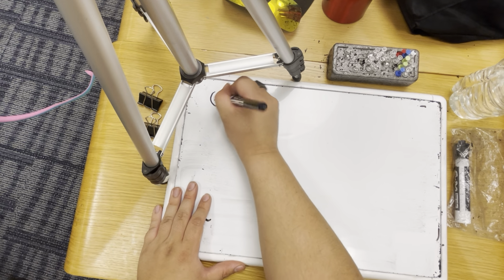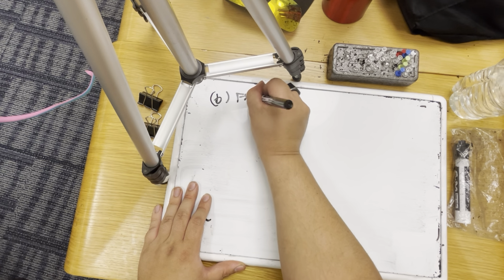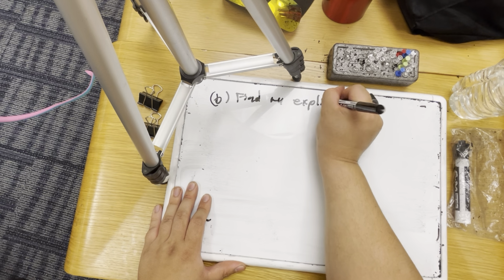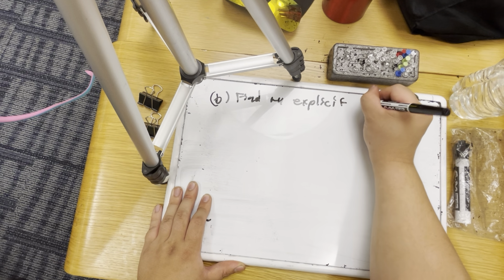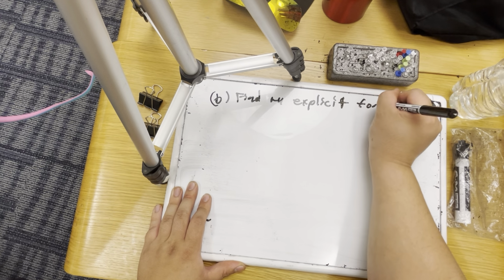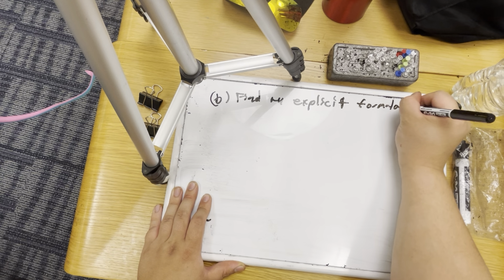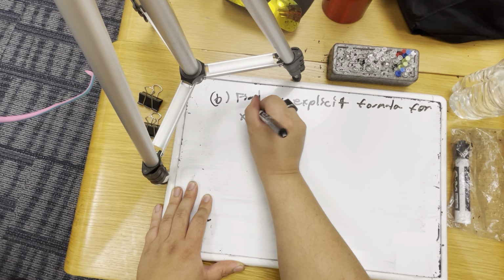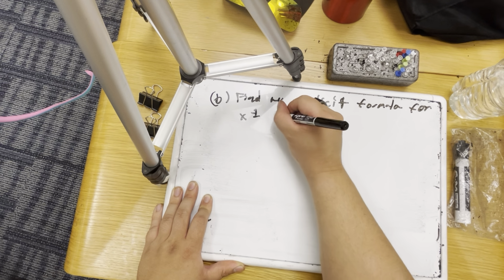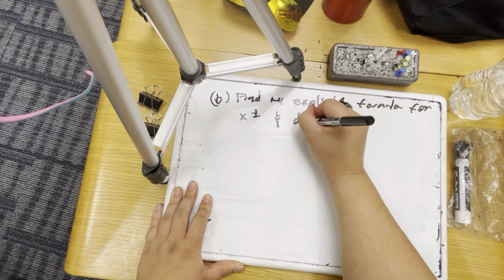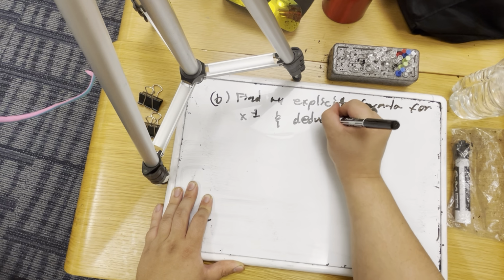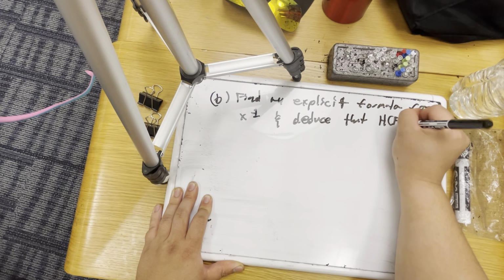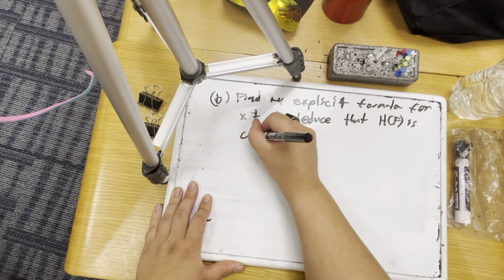So for part B, we have find an explicit formula for x inverse and deduce that H of F is closed under inverses.